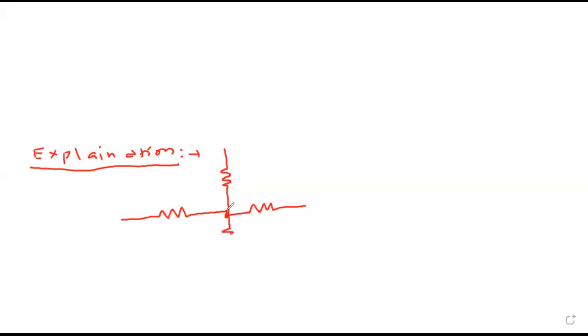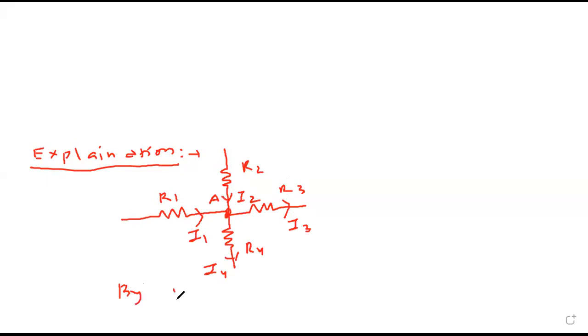Explanation. Suppose this is one junction. Here I have resistances R1, R2, R3 and R4, with currents I1, I3, I2, I4.